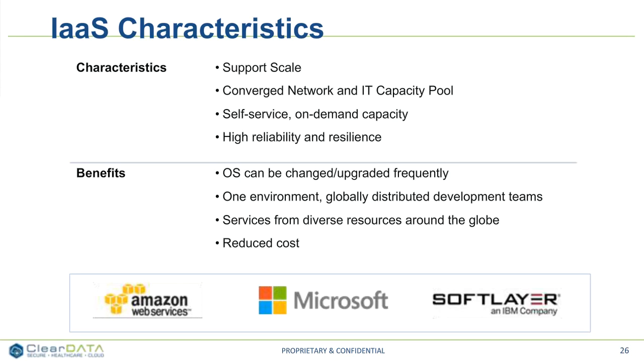You can really see reduced costs from not having to build your own infrastructure. Some of those players include the folks that you see on the page there, Amazon and Microsoft, and others that are more specialized on the VMware-based clouds, such as SoftLayer.